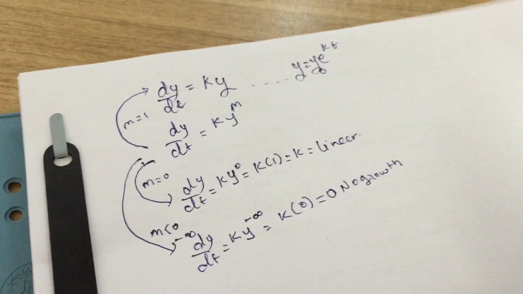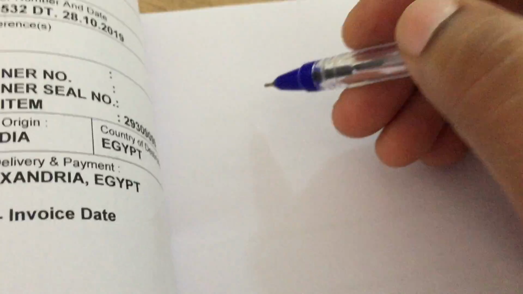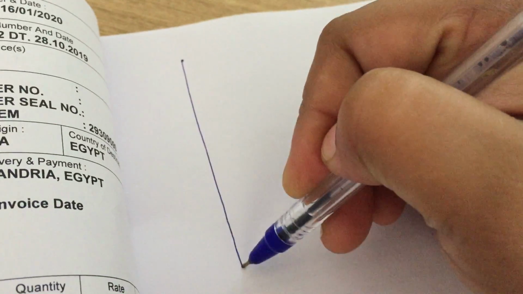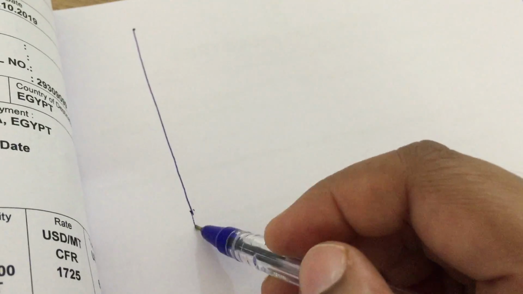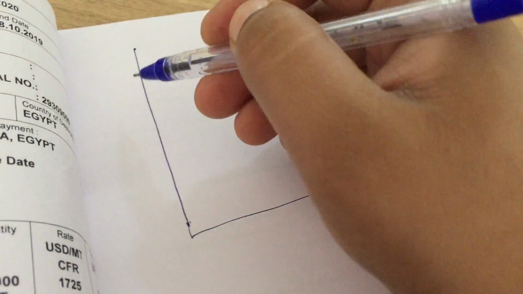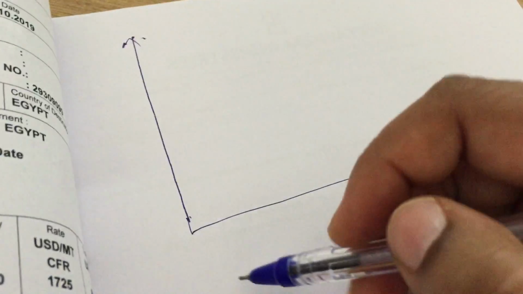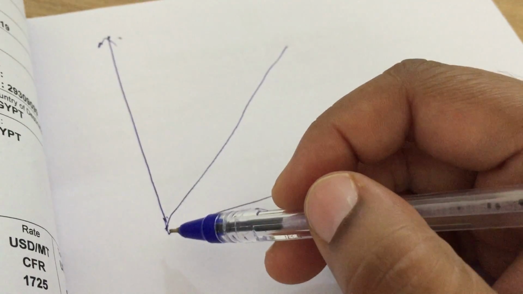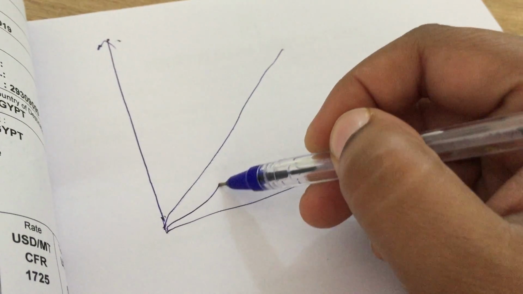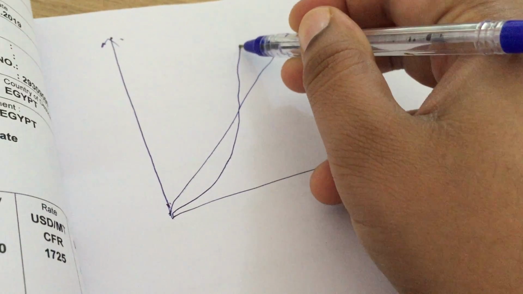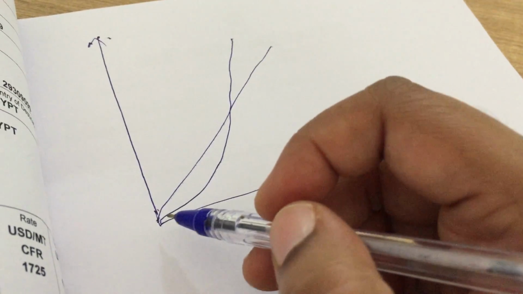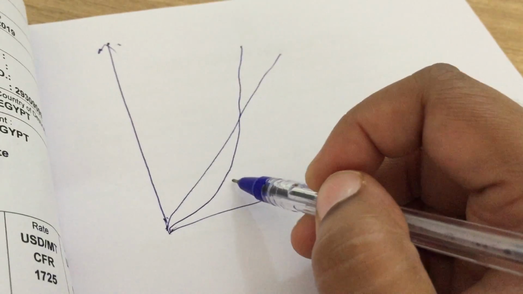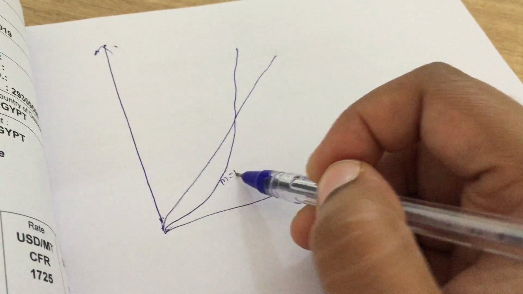So basically, to describe what I'm doing exactly, say this is a big graph. I'm going to put some markings on this. Say this is the linear, and say this is the exponential, which is also m equal to 1.